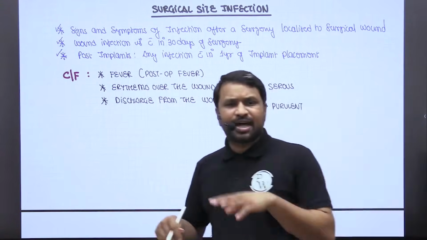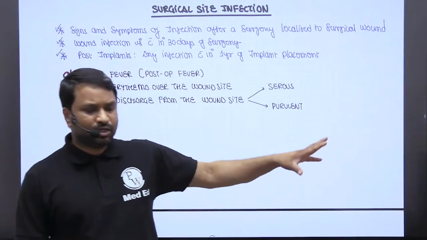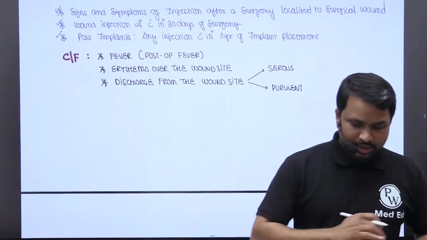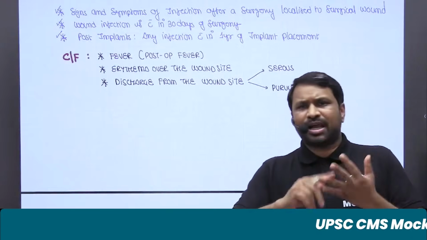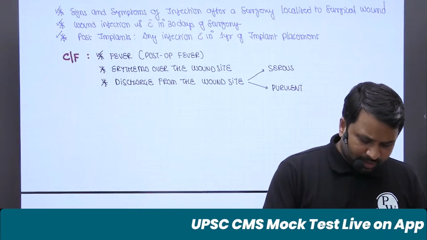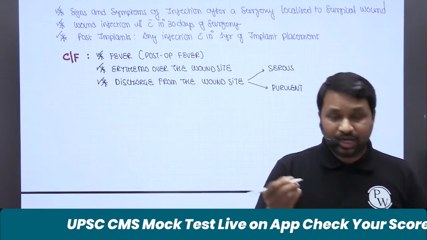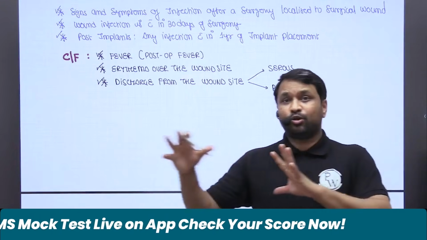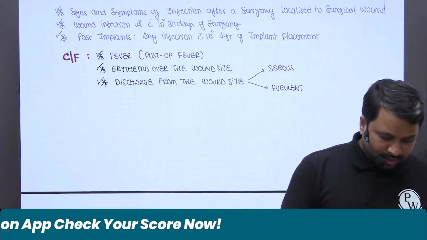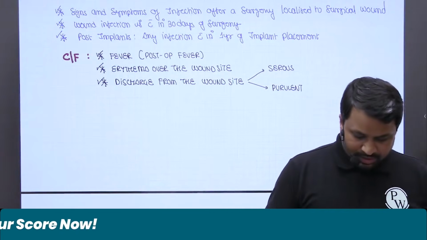Initially it starts as serous. If it is left unattended, it is going to become purulent discharge, right? So the patient is going to have fever, erythema, and discharge from the wound site. All these account for surgical site infection.